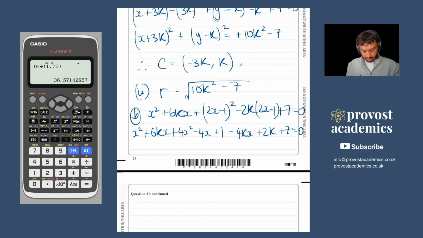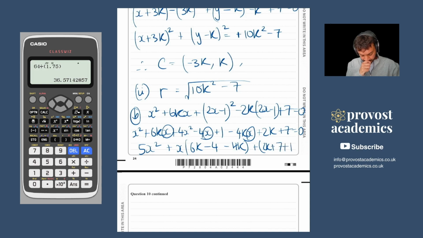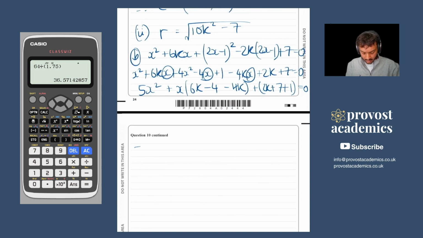If I combine all the x squareds first, I get 5x squared, and then with the x's I have those terms. So I get 6k minus 4 minus 4k. Okay, let's actually simplify this. I don't know why I didn't simplify it first, but that would give me 2k minus 4, plus 2k plus 8, and that's equal to 0.